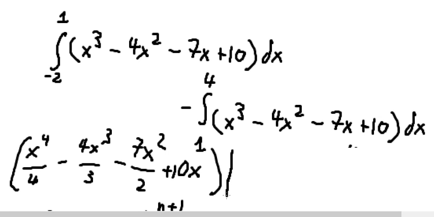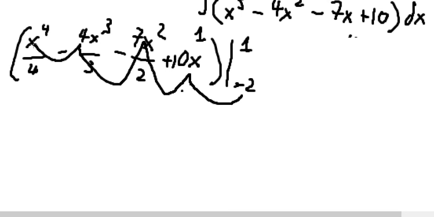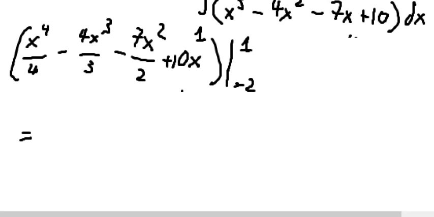So we put the bounds from negative 2 to 1. We put 1 in here, and negative 2 here. And this one, we have 99 over 4.